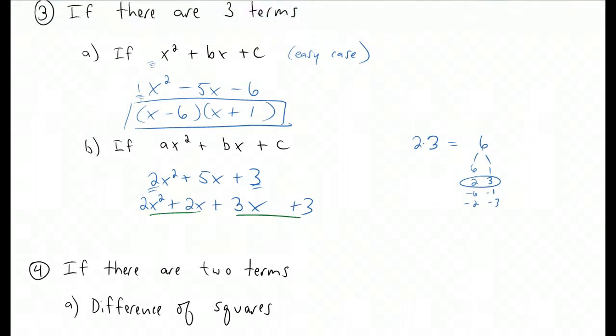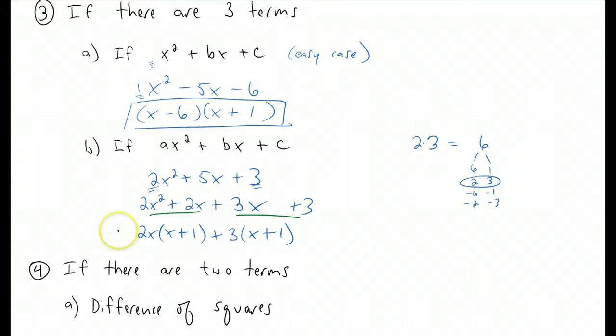If we group the first 2 terms together and ask what can we factor out, it looks like we get that. You factor out a 2x and are left with an x plus 1. If you look at your last 2 terms, it looks like you can factor out a 3. Again, don't forget your plus in between these 2 terms. Now, you'll notice that you have an x plus 1 and an x plus 1 in parentheses.